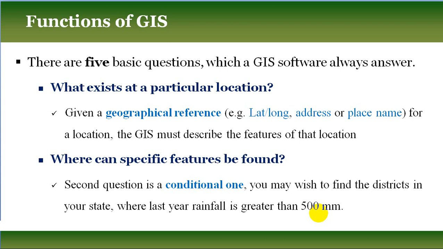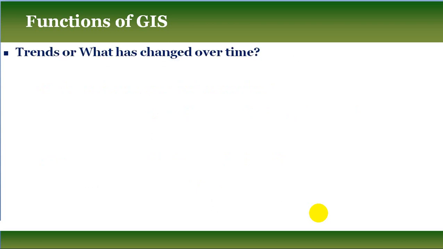Okay, now we are going to the third one, that is trends, or what has changed over time. For example, most of the time a GIS user also asks the GIS software what was the change in land use land cover for an area over 10 years.